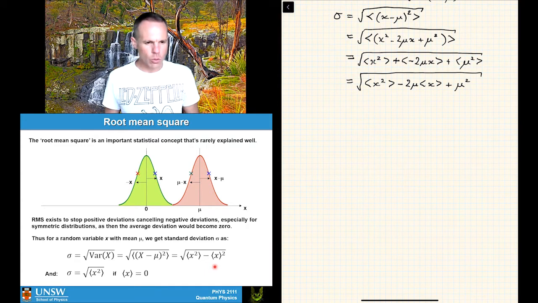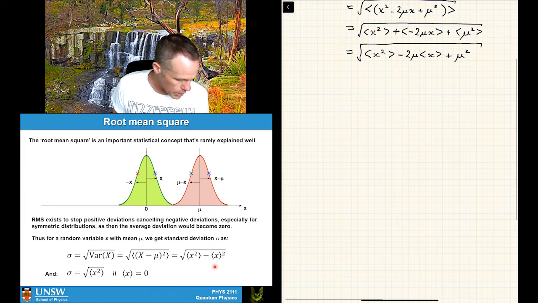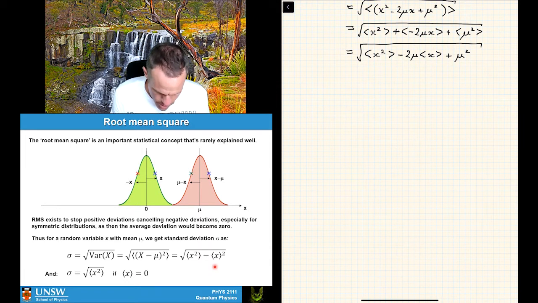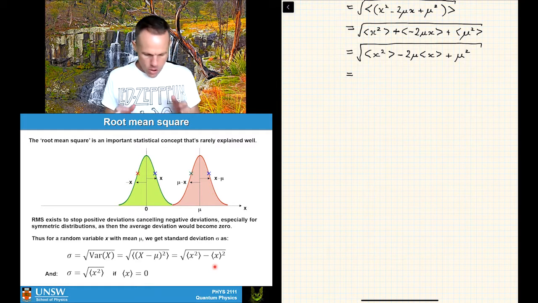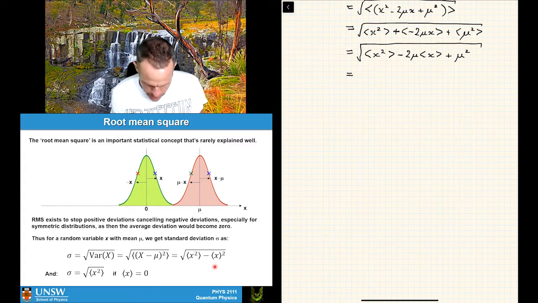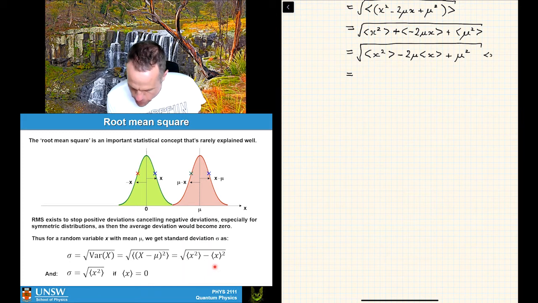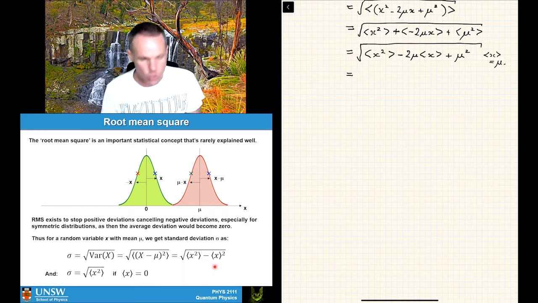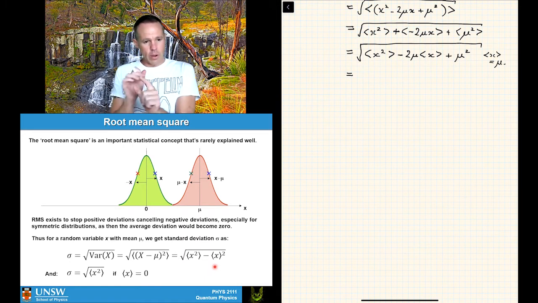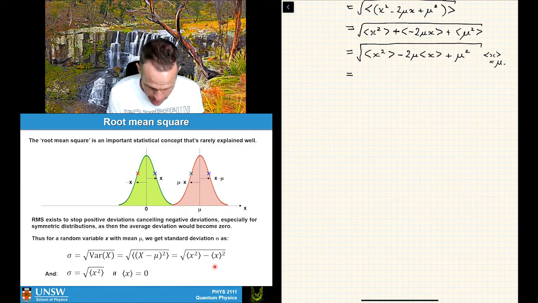Okay, all these little things, like pulling numbers outside of averages and the average of a sum being the sum of the averages, are pretty quickly checkable. Then the next step is that we know that this term in here, the average of x, is just mu, right? Because we're looking at a distribution in x, and so that is just going to be the average position anyway.